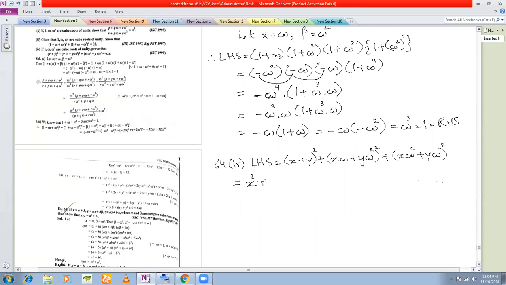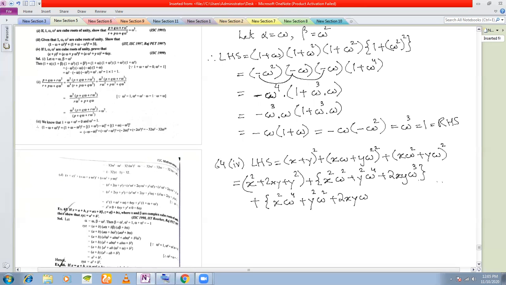This becomes x square plus 2xy plus y square, a plus b whole square formula, plus again this is your a plus b whole square formula, x square omega square plus y square omega to the power of 4 plus 2xy, omega into omega square will give you omega cube, plus x square omega to the power of 4 plus y square omega square plus 2xy omega cube.